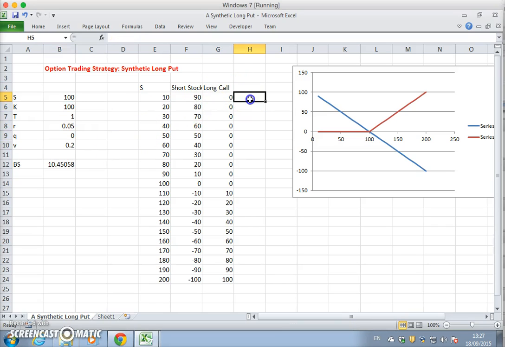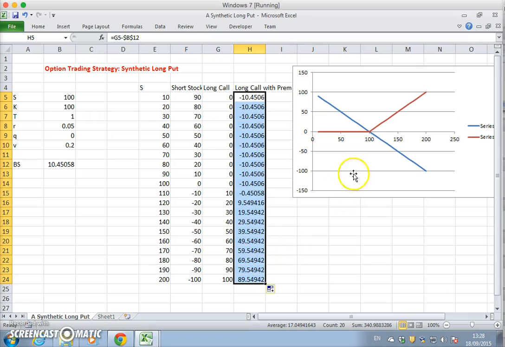So for a long call with premium, we might say equal to long call minus premium, and we'll hit F4 and subtract that out, and we can incorporate that in.